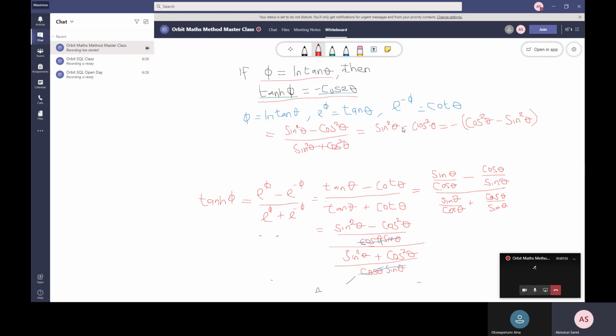If I factorize minus, what is inside the bracket is cos 2 theta. So this is equal to minus cos 2 theta. That has helped us solve this problem. Do you understand? Okay, beautiful. I didn't know it would be this fast.